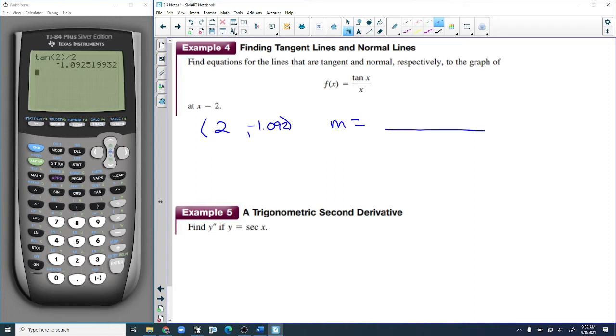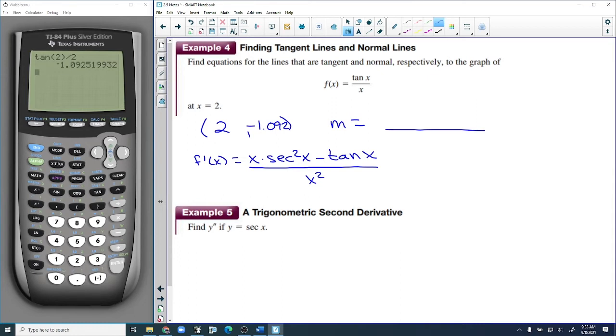Now we need the derivative. And if we're going to practice the derivative, it's bottom times the derivative of the top minus the top times the derivative of the bottom over the bottom squared. So there's the derivative. Derivative of tangent is secant squared. We developed that.